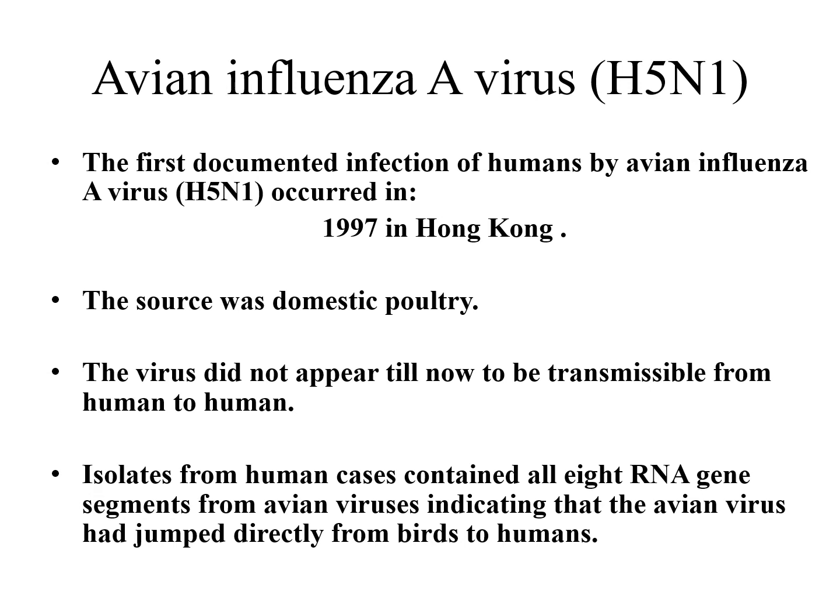Now we're going to talk about the avian influenza A, or the H5N1. This occurred in Hong Kong in 1997, where humans became infected with the avian influenza or the bird influenza. And the source was domestic poultry or chickens. The virus did not appear till now to be transmissible from human to human.